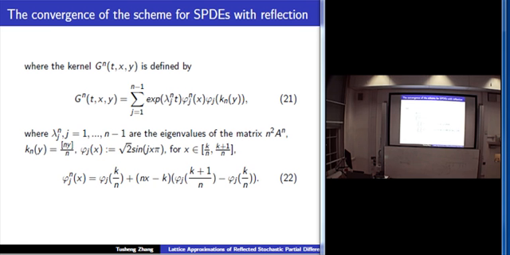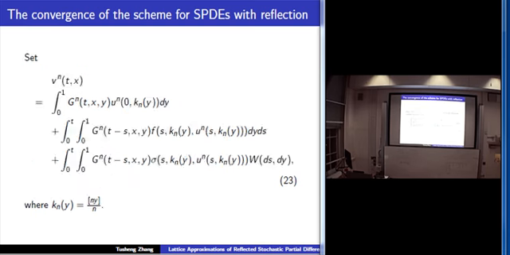So if I define this continuous random field as V bar, and consider my solution U subtracted by this V bar, then we call this Z bar, the solution of the following random parabolic problem.